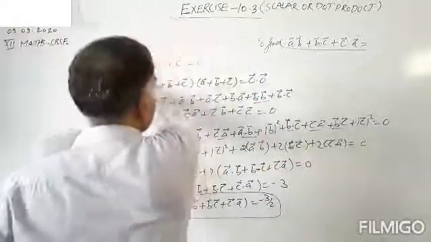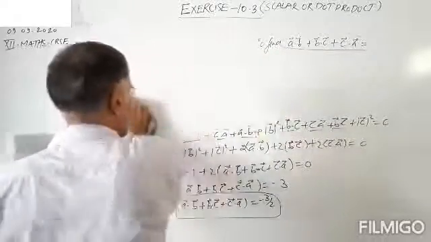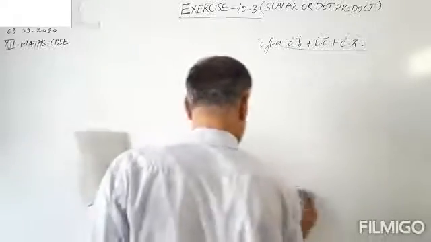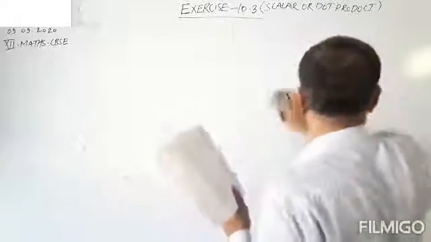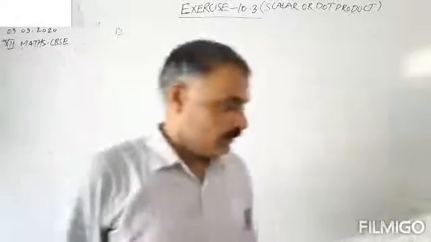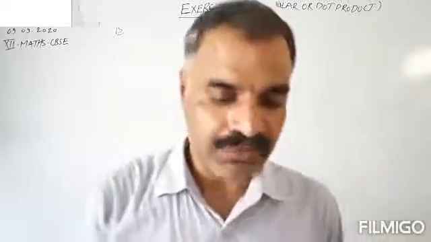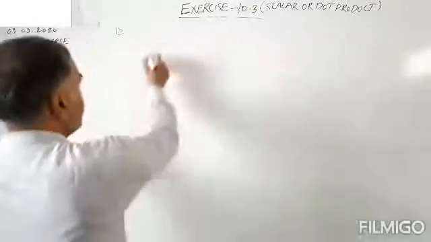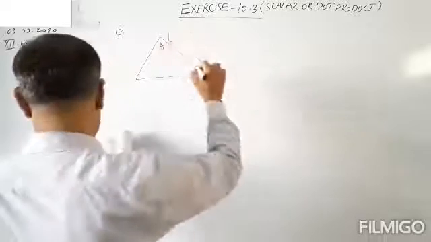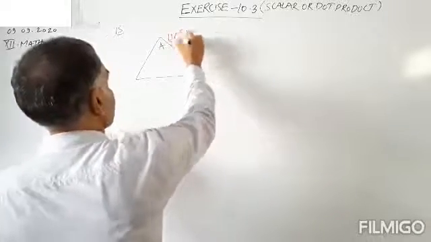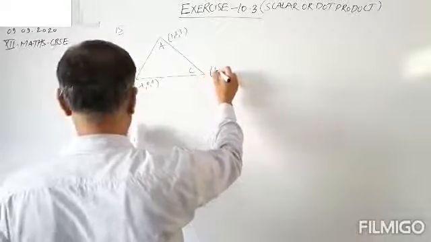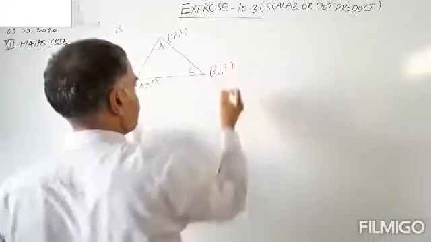Question number 15 is: if the vertices of a triangle ABC are given, A is 1, 2, 3, B is minus 1, 0, 0, and C is given as 0, 1 and 2.